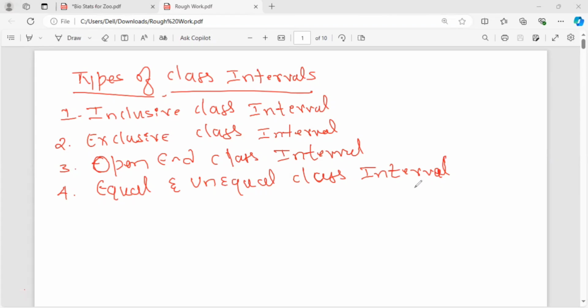So now we need to discuss these four class intervals in detail.